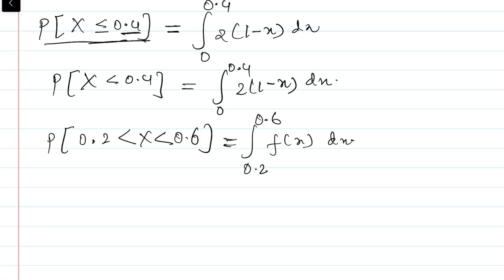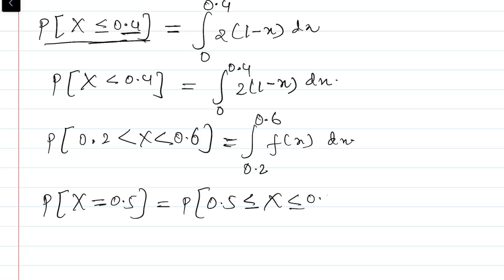And suppose you are asked to calculate the probability at a point, say 0.5. Then you can write this as x greater than or equal to 0.5 and less than or equal to 0.5, so the integration will be from 0.5 to 0.5 f(x) dx, and this is 0. So at a point the probability is always 0. We can only calculate interval probabilities in a continuous random variable.